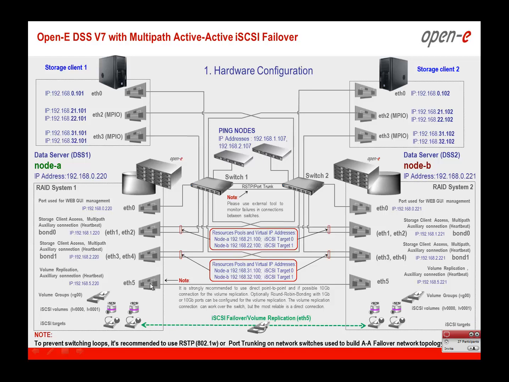But actually in my setup today I will use one more, because on our chart here I'm showing ETH5 as a single card, but in our setup I was configuring bonding.